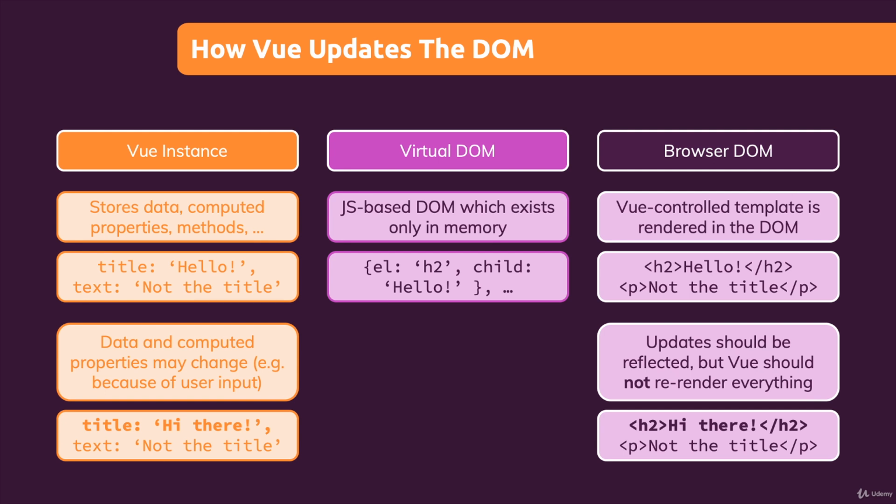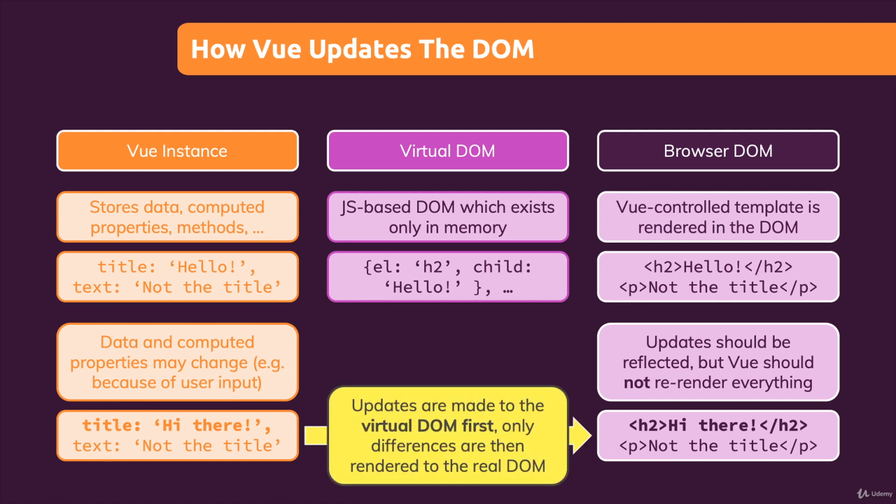And when data changes, it basically just creates a new virtual DOM, you could say, and compares the new virtual DOM to the old virtual DOM, and only differences between those two virtual DOMs are written to the real DOM. And that is way more efficient, because doing such comparisons and updates in a virtual DOM, and therefore entirely in memory, is way more efficient than doing it in the real DOM, which was rendered to the screen. And that's how Vue does that behind the scenes.